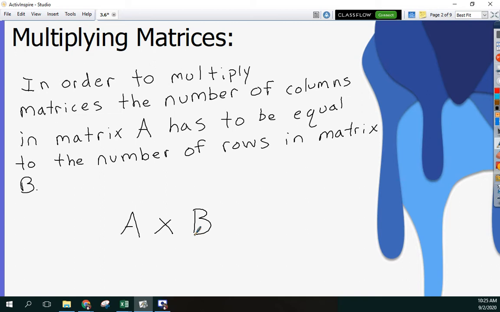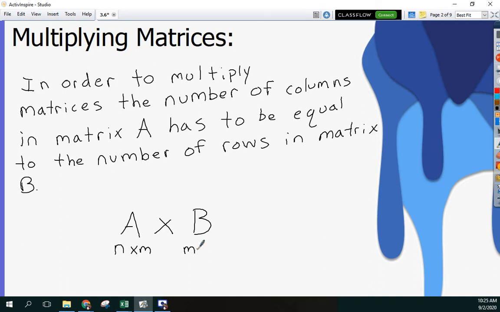If my first matrix is an N by M, notice that the number of columns is going to be M for A. So that means that in order to be able to perform this operation, my matrix B would have to have M number of rows.